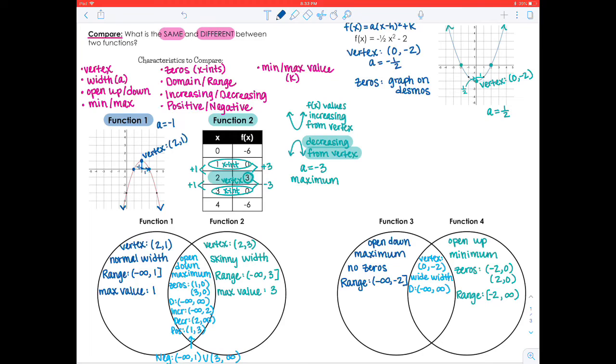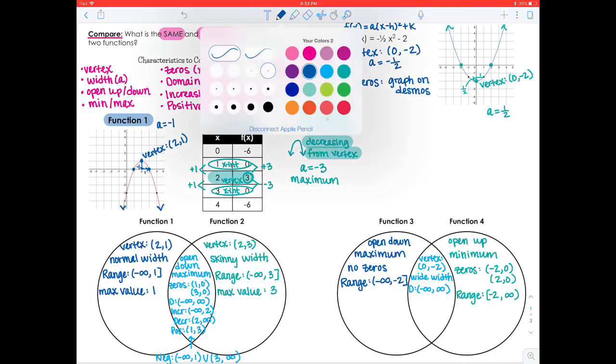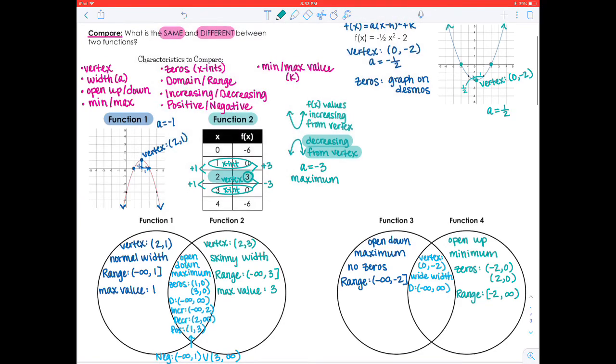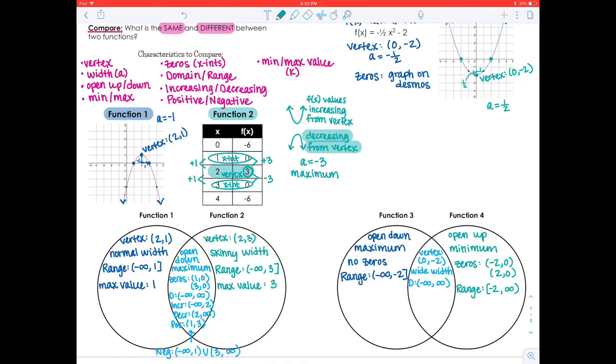Okay, and then also because these are facing opposite directions, their increasing and decreasing intervals will be different. And then same thing with their positives and negatives. So let's do those for function 4 first. Okay, so let's look at increasing.